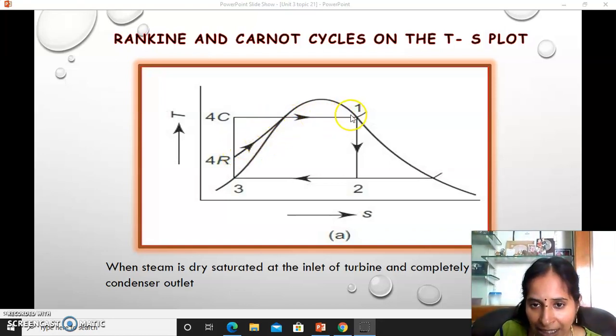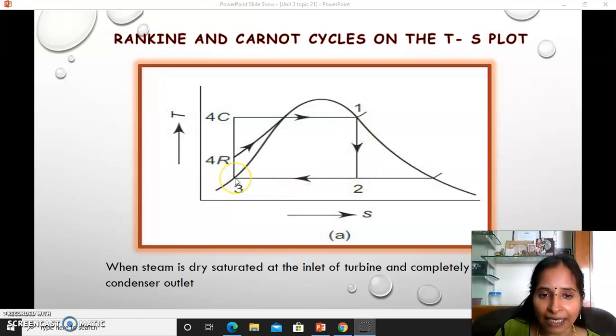Here the Rankine cycle differs from the Carnot cycle in such a way that if you take the Carnot cycle, the same expansion, cooling, and then pumping take place from point 3 to 4C.